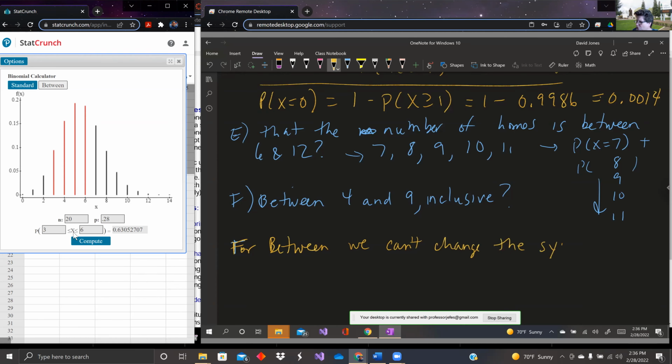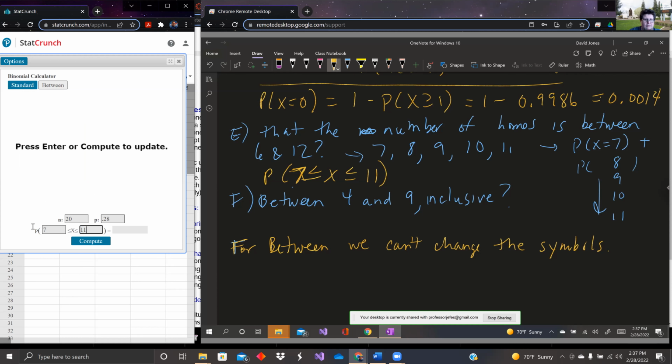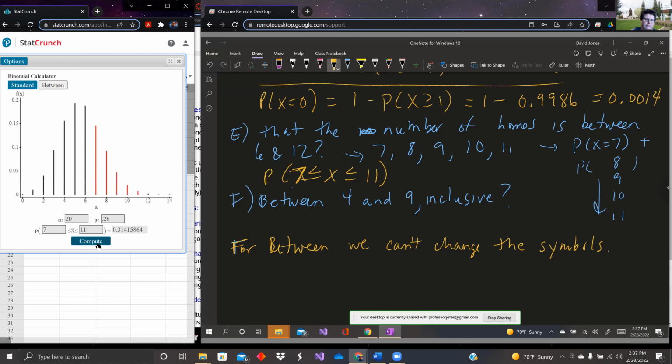So we just need to make sure we're using what works. I have to use the less than or equal to, and what I'm starting with is between 6 and 12. I can't actually put 6 and 12 in here. I have to put the probability that 7, which was my lowest number, is less than or equal to x, which is less than or equal to 11. Now that I got them in, I click compute, and it gives me the probability, 0.3142.